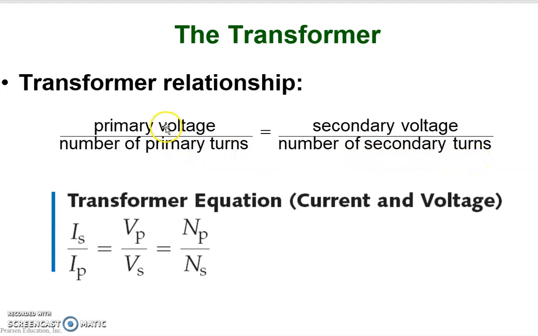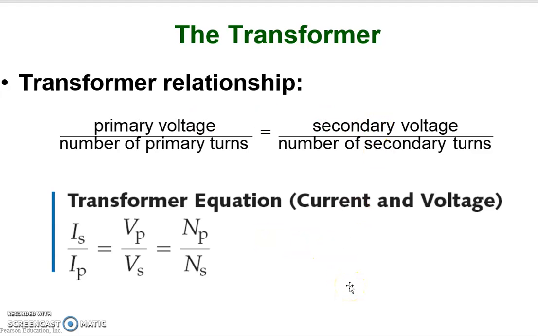So if you have hundreds of volts in the primary voltage and you have 100 turns, then by determining the number of the secondary turns, let's say 10, you can determine that the voltage from the secondary coils is 10 volts. So now the voltage is lowered from 100 to 10.